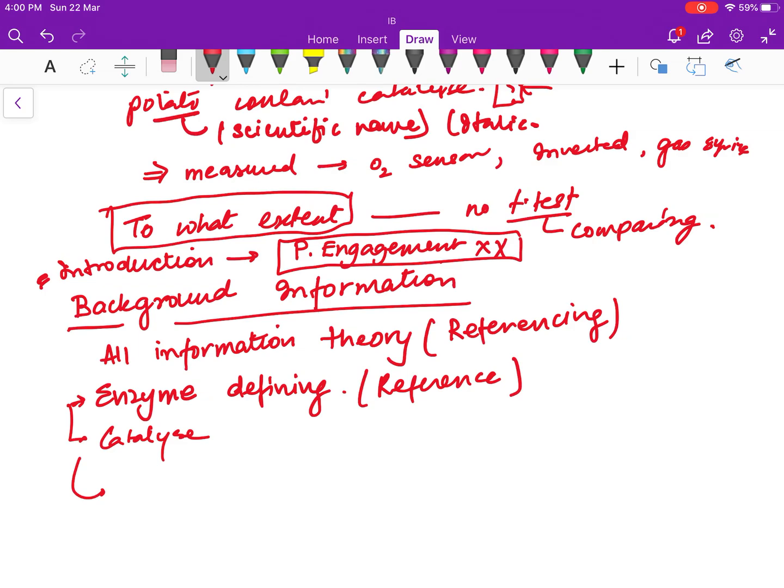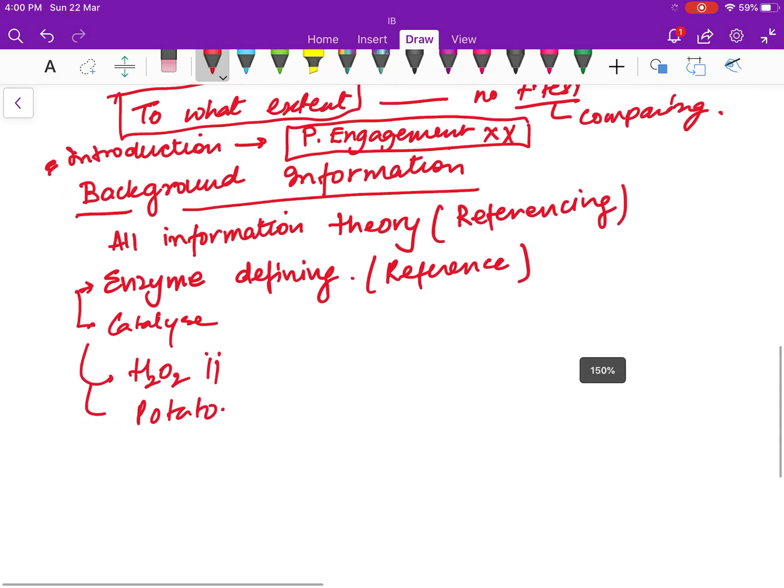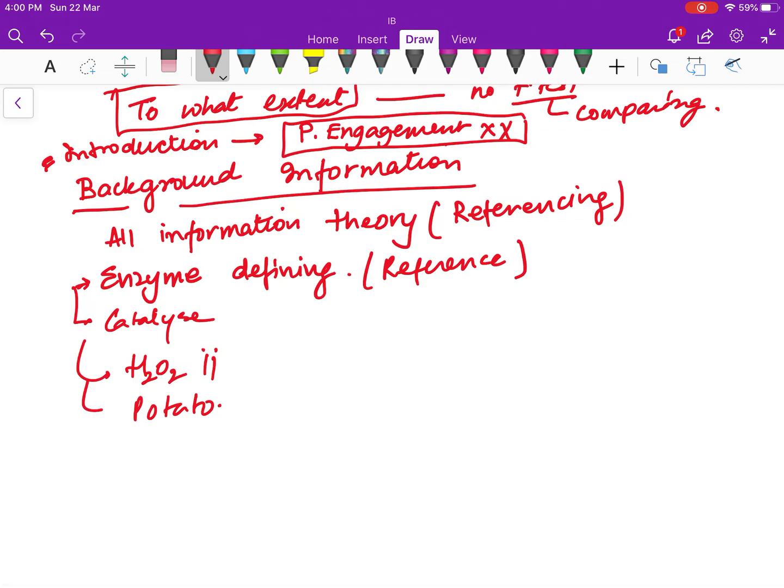I will talk about the concentration of hydrogen peroxide, what is the use of hydrogen peroxide, what hydrogen peroxide is doing here. And this information I'm getting from some resource, and that should be referenced. Then I'm using potato. So what potato am I using? What is the enzymatic theory or biological information about the potato I'm using? It also should be referenced. So everything here should be referenced.